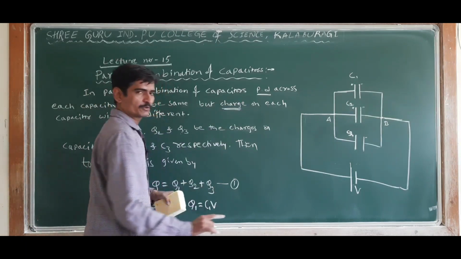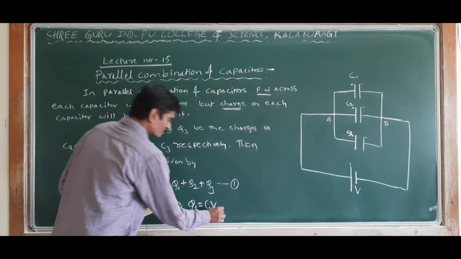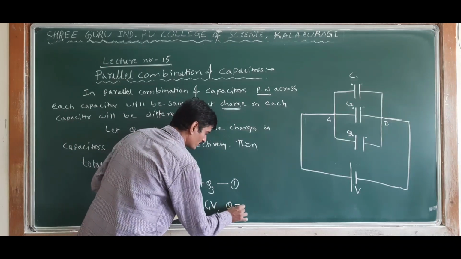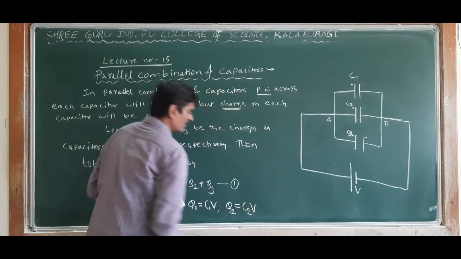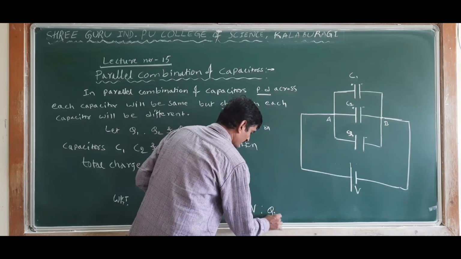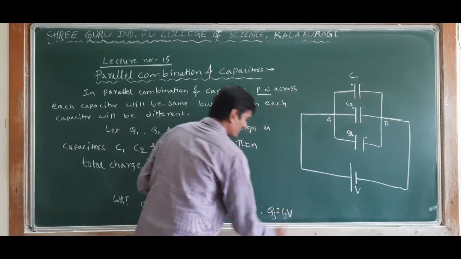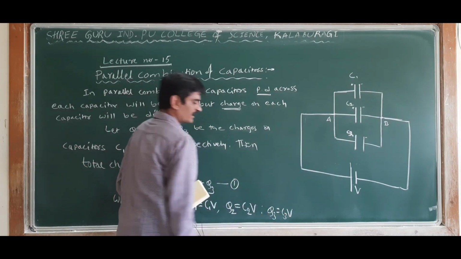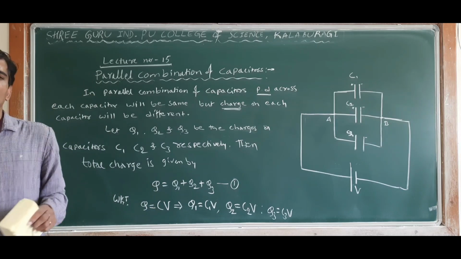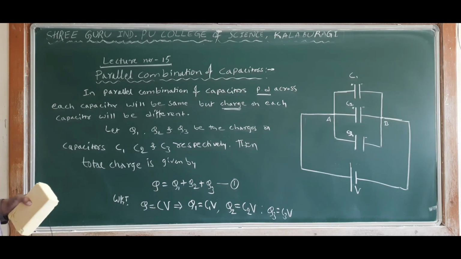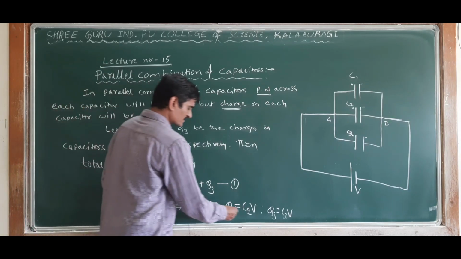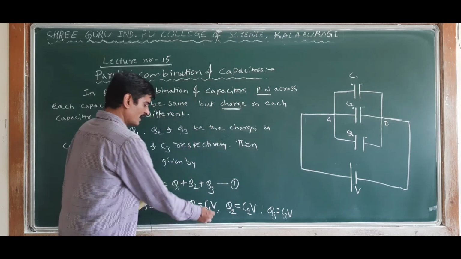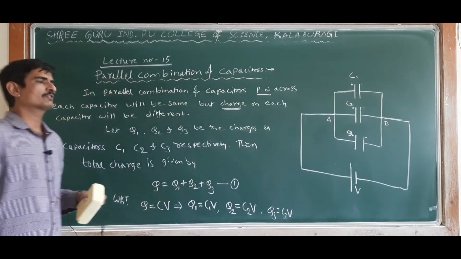Therefore, not V1, V2, V3, only V. So Q2 is equal to C2 into V, Q3 is equal to C3 into V. Here we are not writing V1, V2, V3 because potential differences are not different. Potential differences are the same, whereas charge is different, so Q1, Q2, Q3, and capacitors are different, so C1, C2, C3.